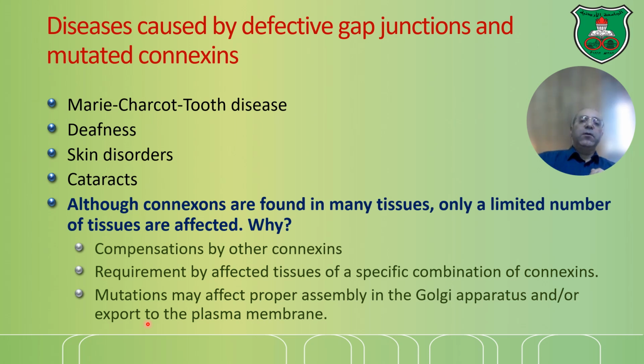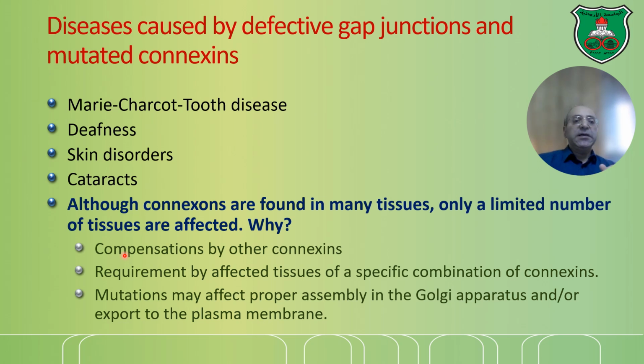And there are several reasons for why. One, compensation by other connexins. So basically, if in one tissue, if one connexin is downregulated, if it is not expressed, the tissue can compensate by expressing something else, another connexin molecule.